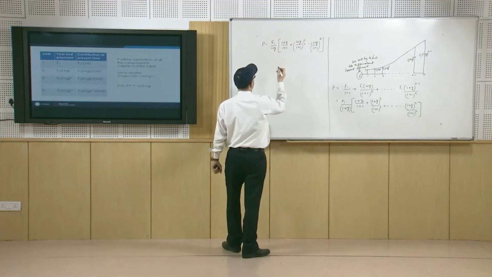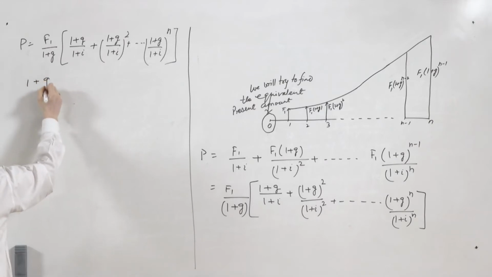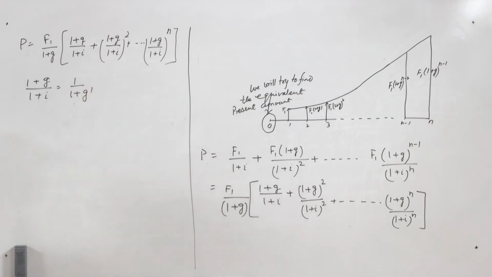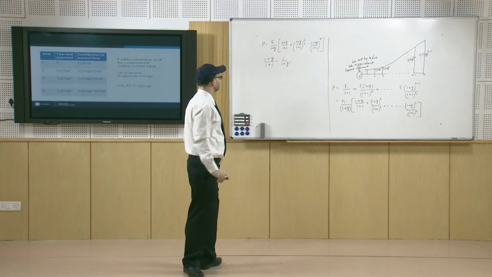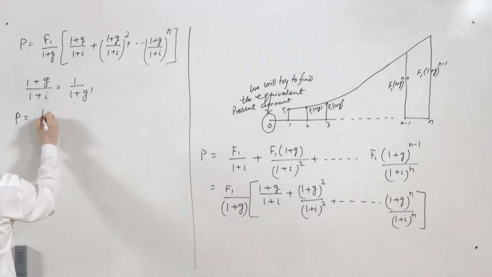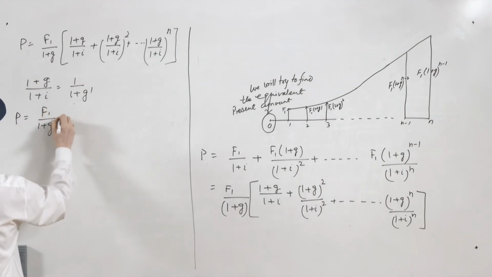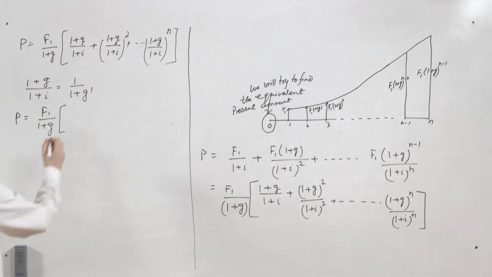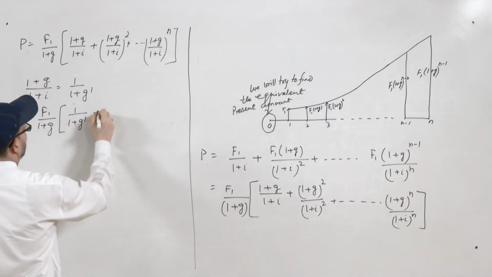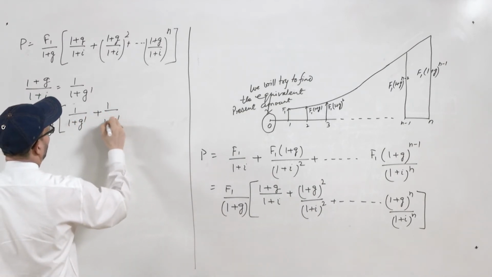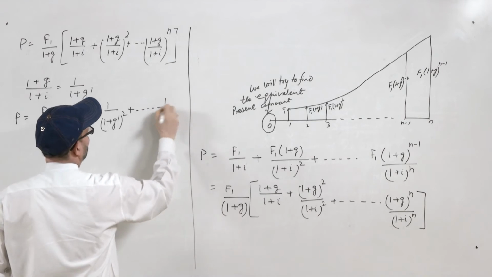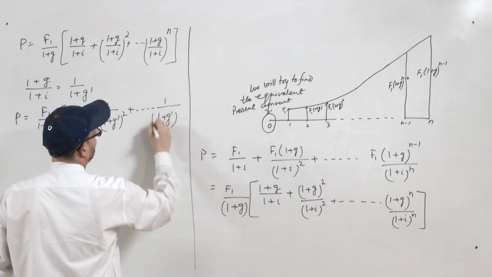Now, for solving this, let us assume (1 plus g) upon (1 plus i) as 1 by (1 plus g prime). So you can write this series as P equal to f1 by (1 plus g) times [1 by (1 plus g prime) plus 1 by (1 plus g prime) whole square plus dash dash 1 by (1 plus g prime) to the power n].